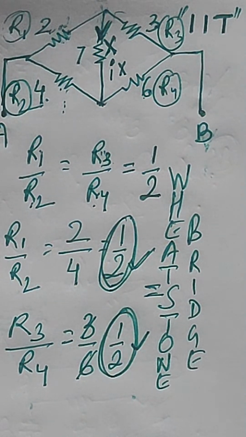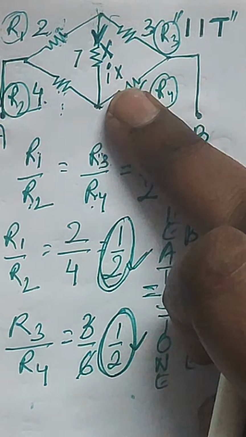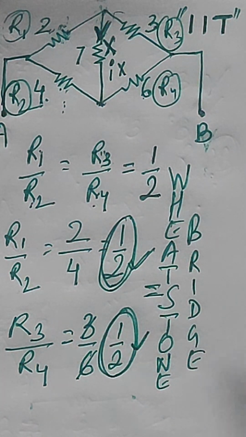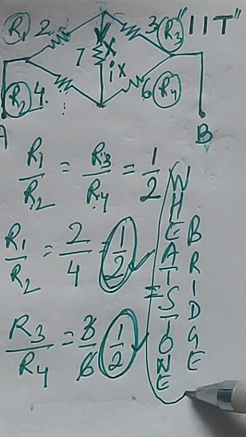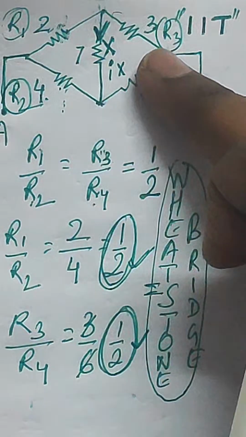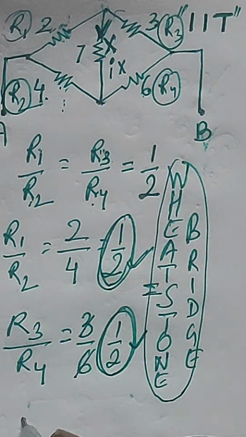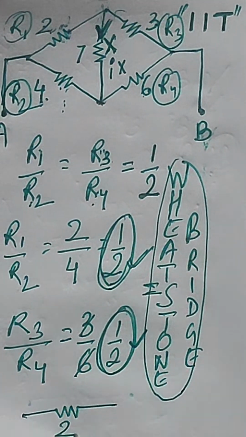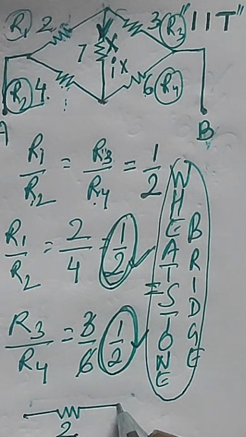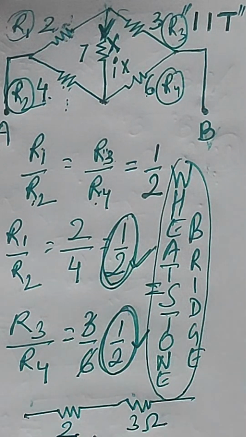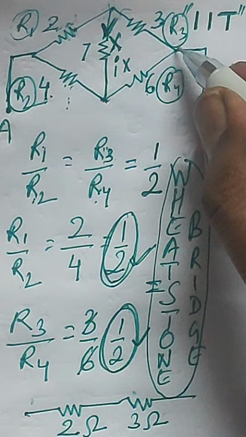So here you can see when no current is flowing through it, then the above circuit will be simplified. This is the question from the application of Wheatstone bridge. So we can say the above circuit can be simplified as this R1, 2 ohm, connected directly with this 3 ohm, which is nothing but your R3.